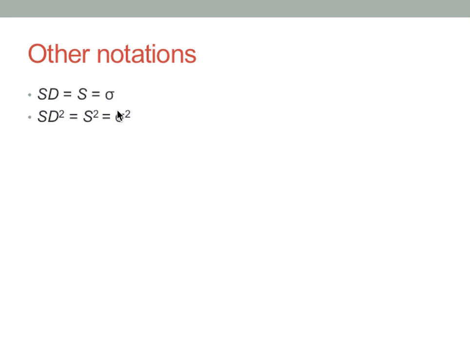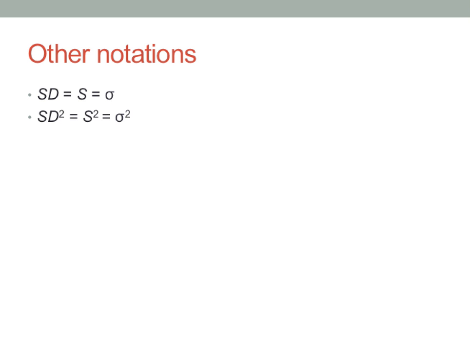And yes, this is lowercase sigma. This is when I said at the beginning of the semester that learning statistics is kind of like learning a foreign language. This is kind of example 1A of why it is. There are multiple symbols for the same thing. If you are annoyed by this, I feel your pain. I am annoyed by it as well.